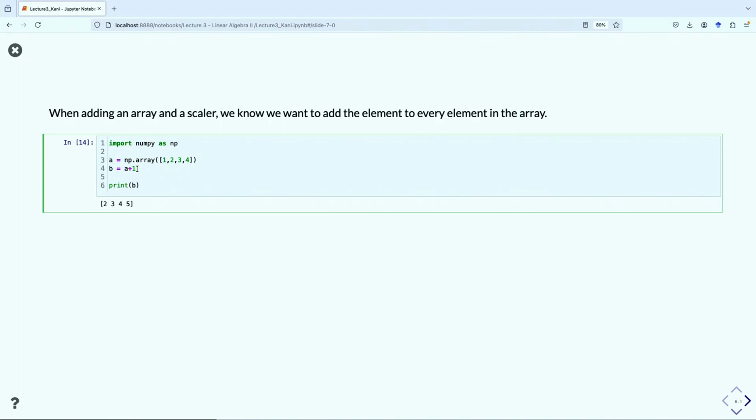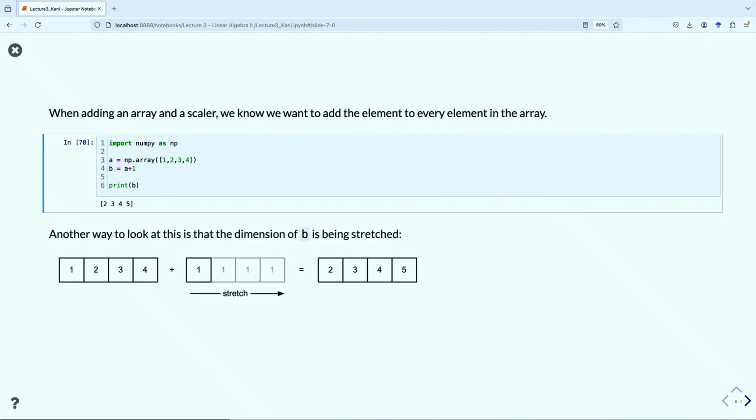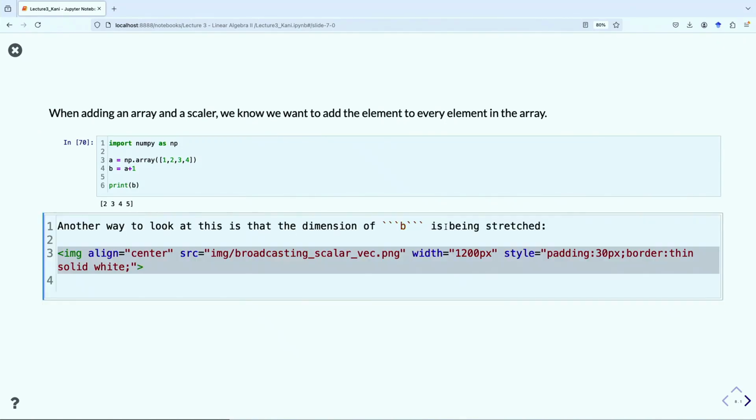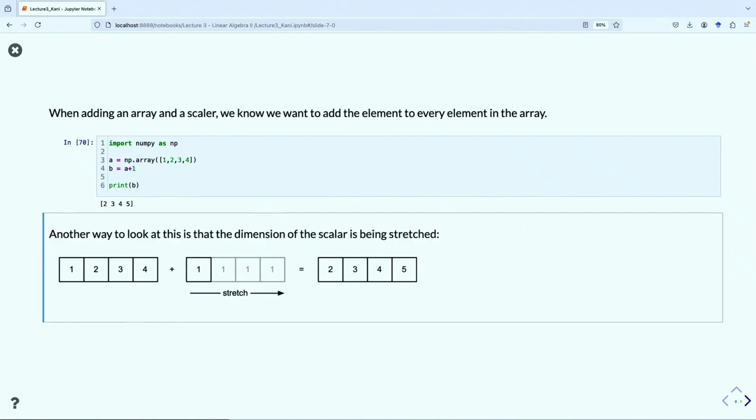So what's an alternate way to think about this? Well, in Python, what's going on? Another way to look at this is that the scalar is being stretched. You start off with a vector, and then you're adding a scalar.